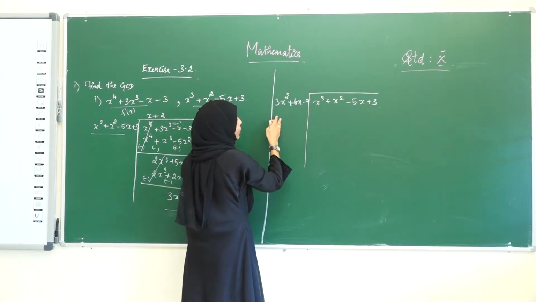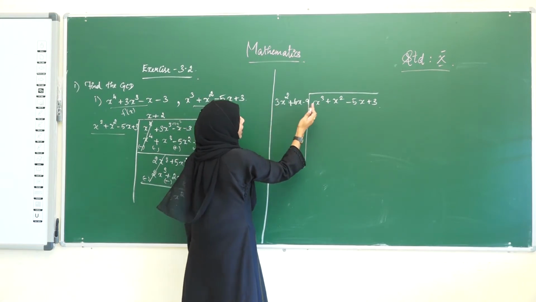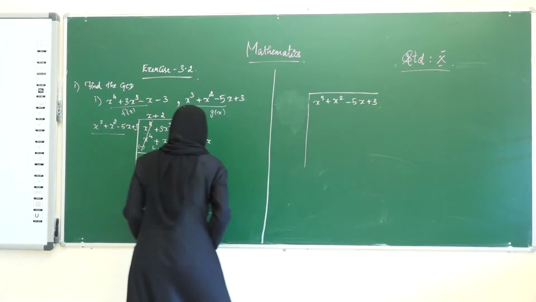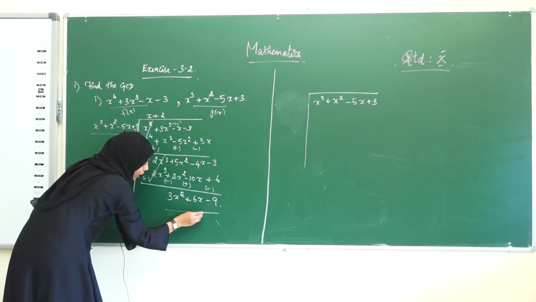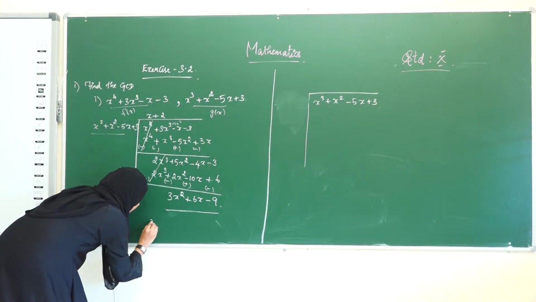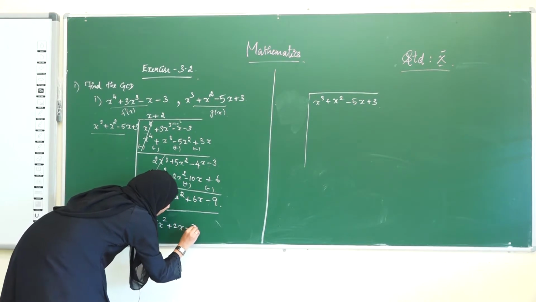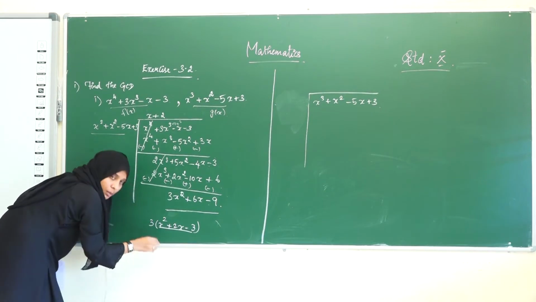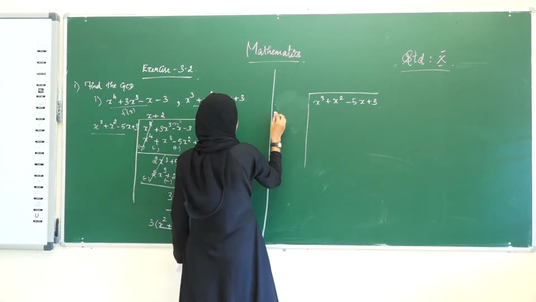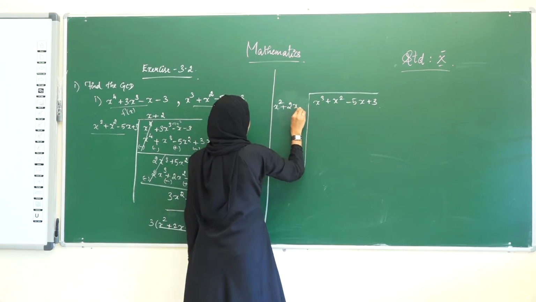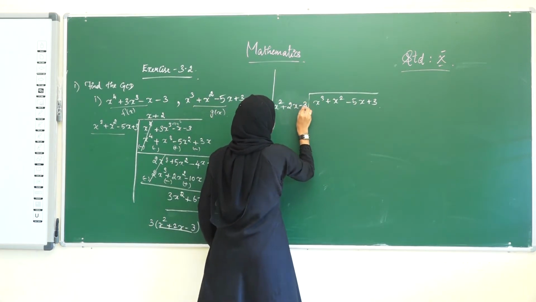Here we have 3 as common, so we can take 3 common: x square plus 2x minus 3. We consider this term itself, x square plus 2x minus 3.